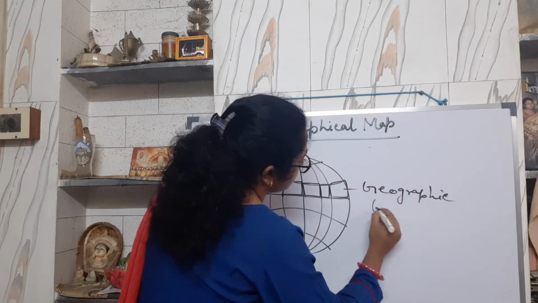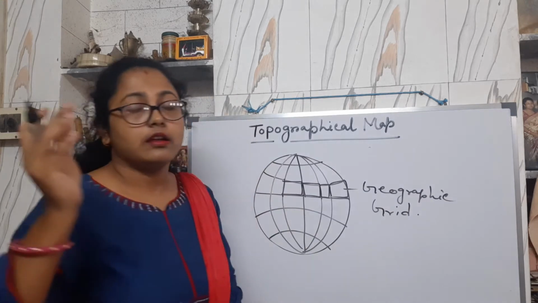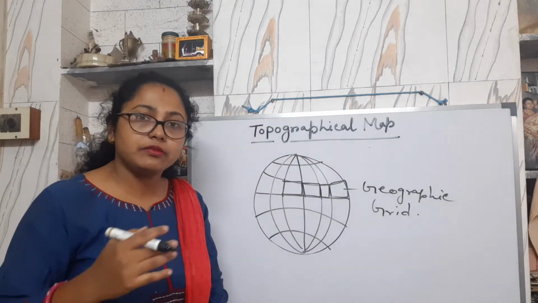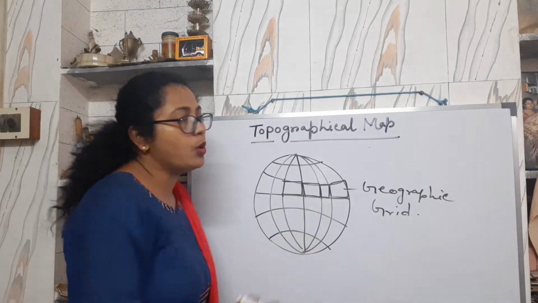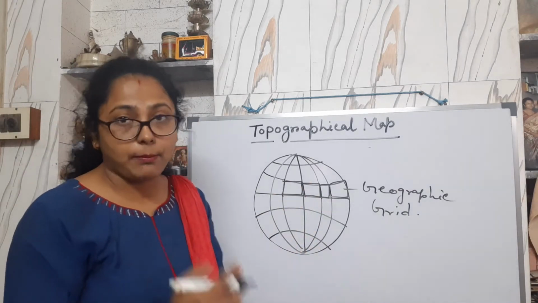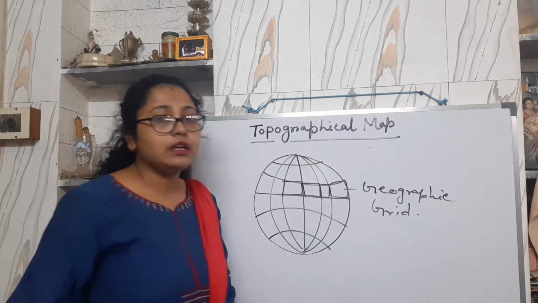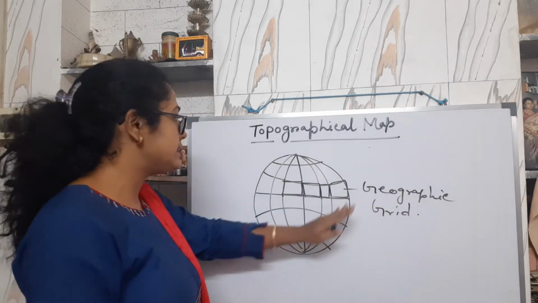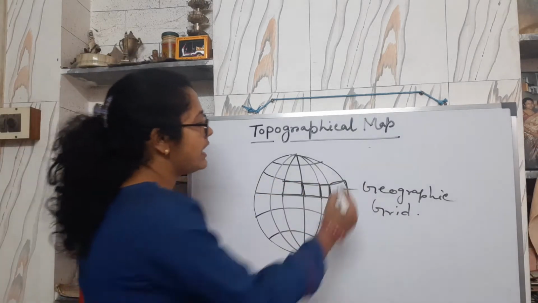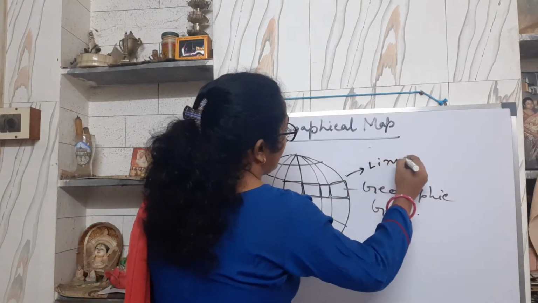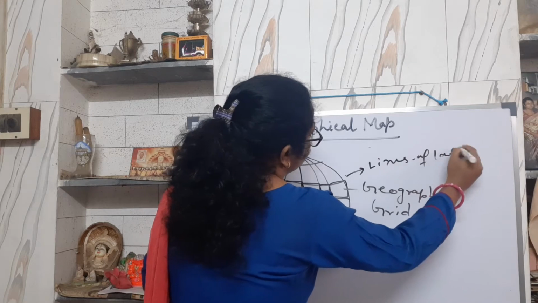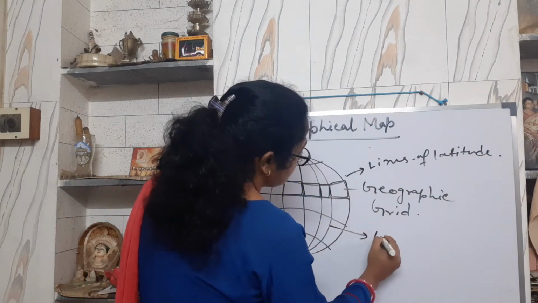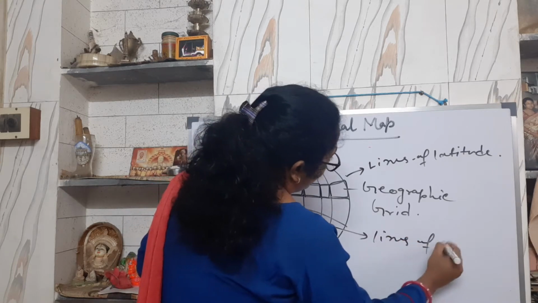You can guess. To get an accurate location of any place or any feature on the globe or on the ordinary map, we are using the geographic grid. So geographic grids are formed due to the intersection of the horizontal lines, which are known as lines of latitude, and these vertical lines are known as lines of longitude.